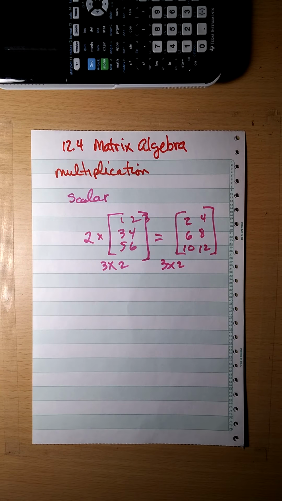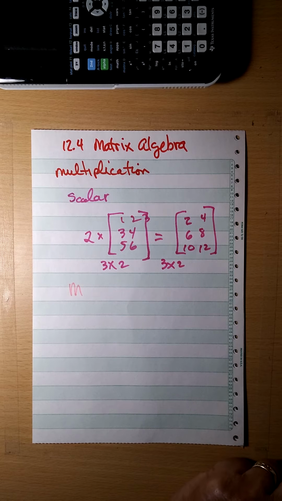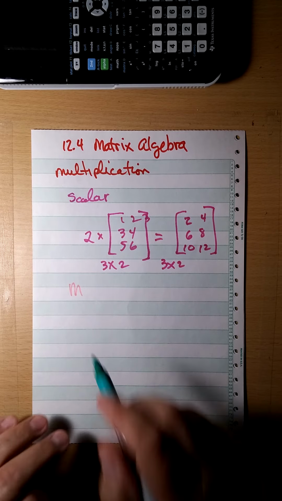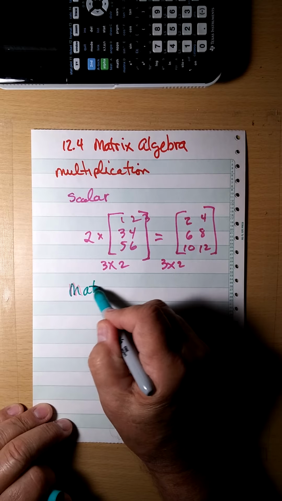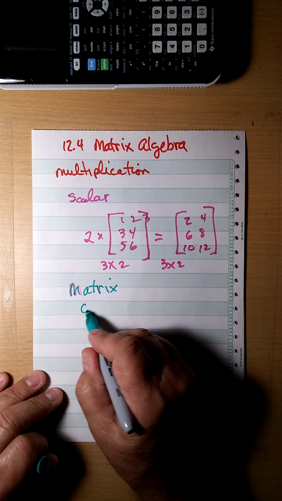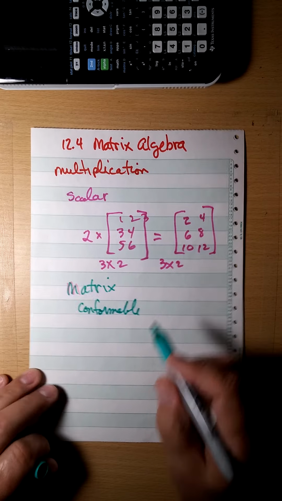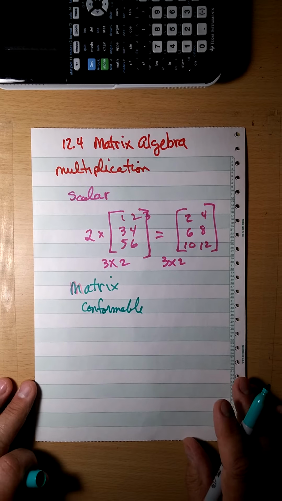But there is matrix multiplication. Now, what is conformable for matrix multiplication?